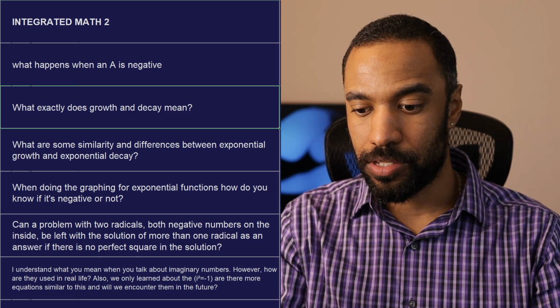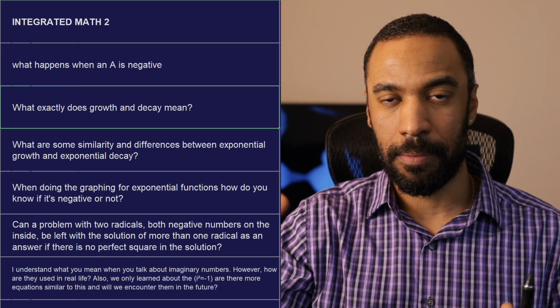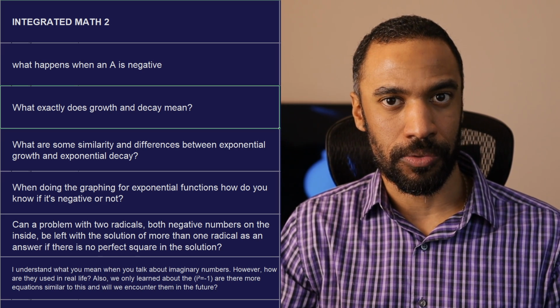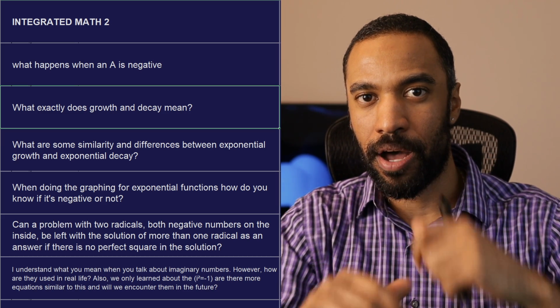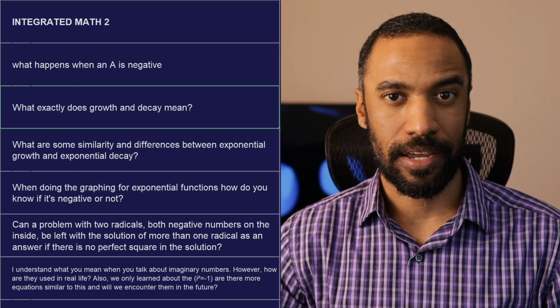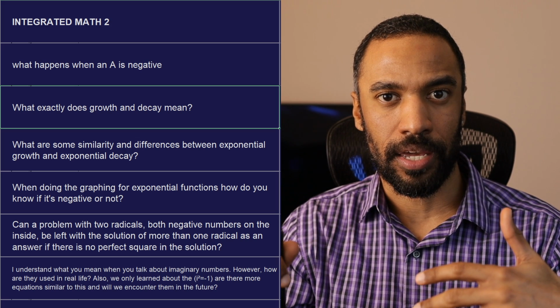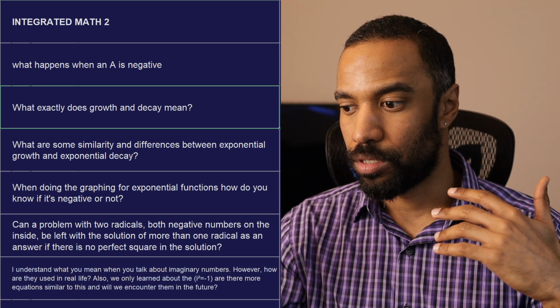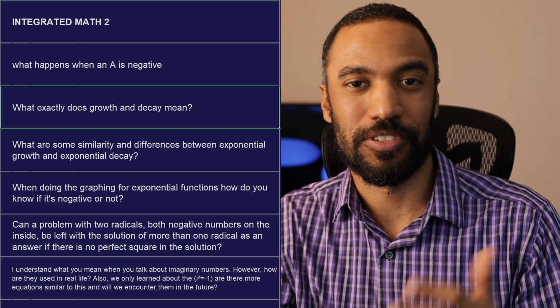Decay is when you're losing something and it's approaching your limit, which in our cases is an asymptote, when it's getting closer and closer to it from the top or from the bottom. You might have heard of decay when it comes to radioactive decay, like with carbon 12 or carbon 14.